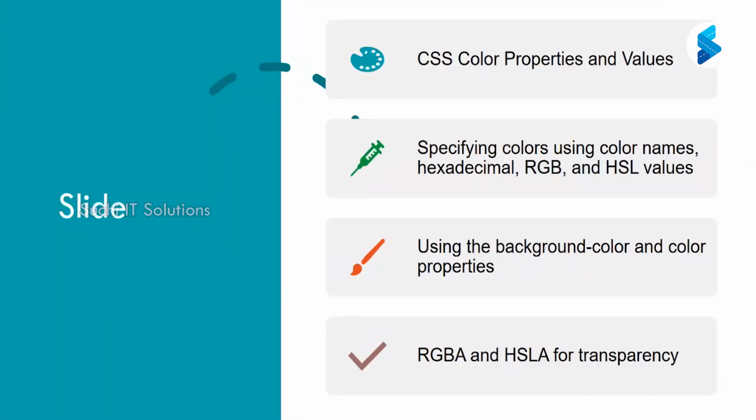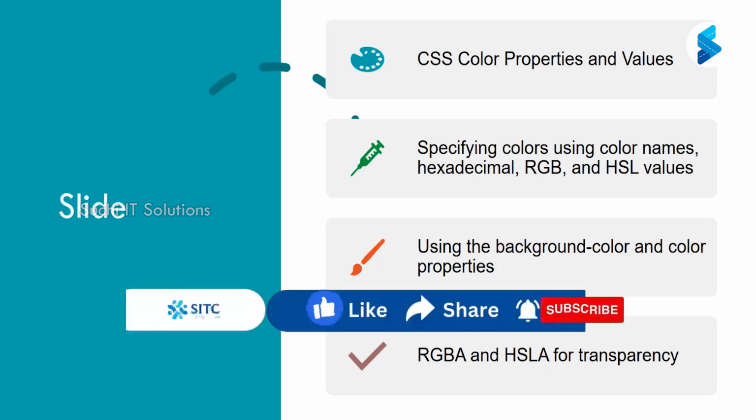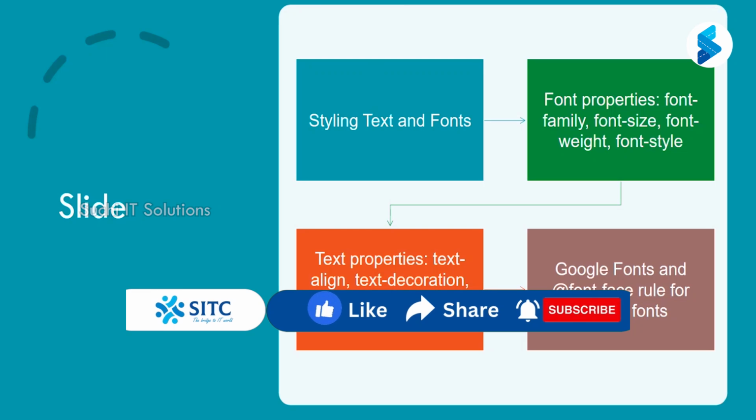Okay. So after that, CSS color properties: how to specify the colors using names, hexadecimal, RGB and HSL values, and how to change the background color properties. Then styling text and fonts. Font properties: how to use font family, font size, font weight, font style, what is the purpose, and text alignment, text decoration, text transform.